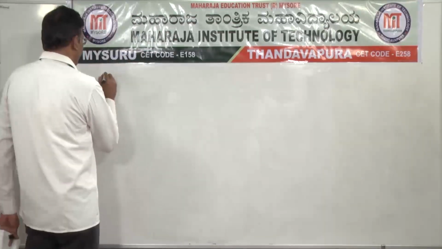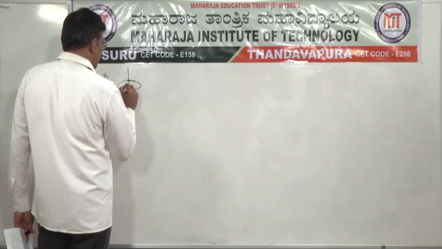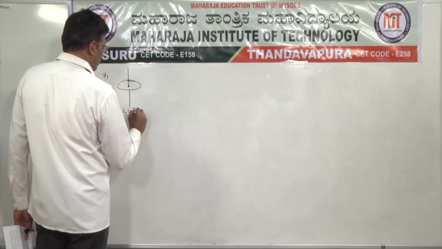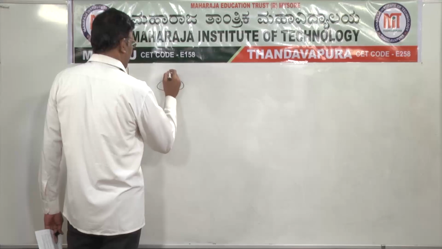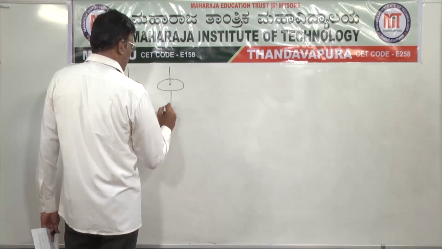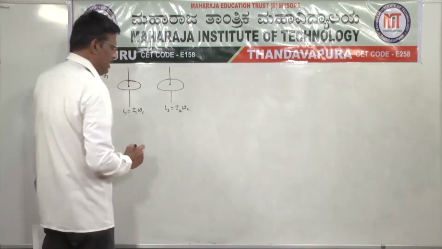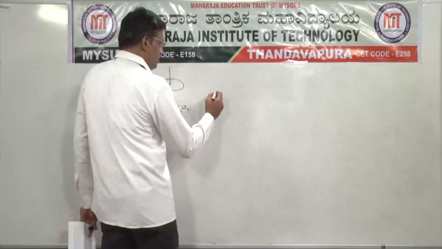Question number 7. First, the circular discs are individual discs. So individually, here you can write L1 is equal to I1 omega 1. And for the second disc, similarly, L2 is equal to I2 omega 2. Now these two are placed one over the other, face to face.